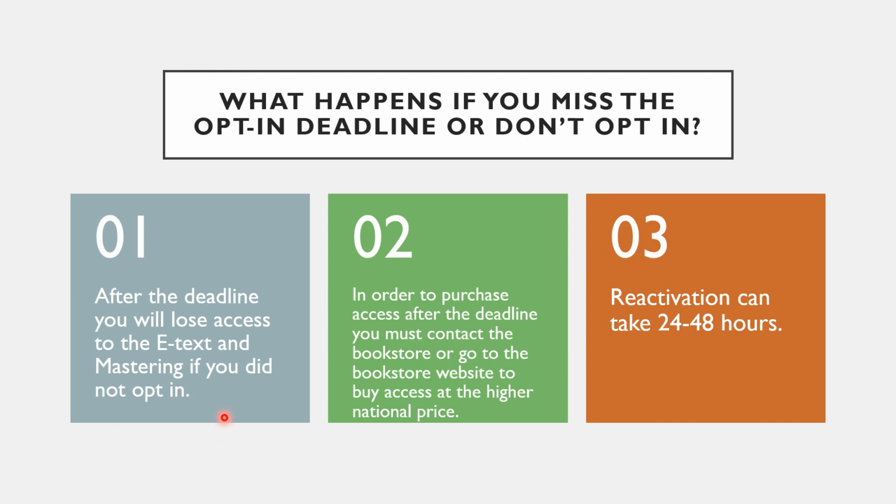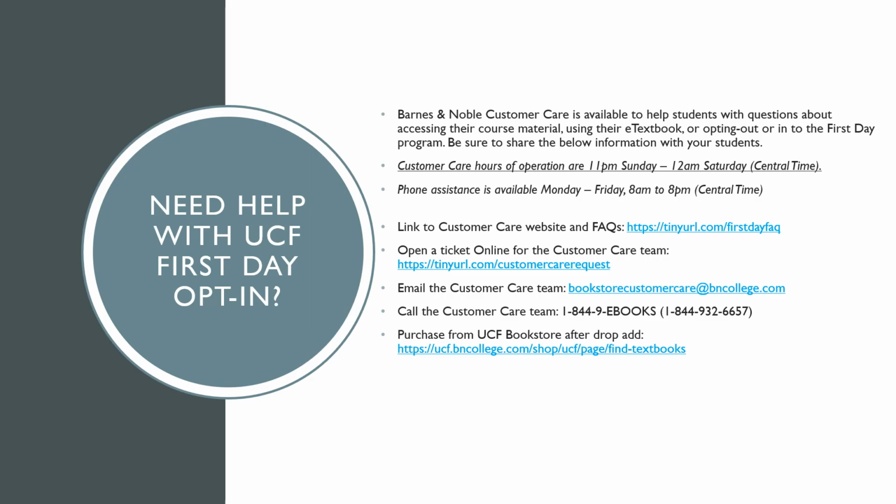In order to purchase, you must go to the UCF bookstore or the bookstore website, but just keep in mind you'll be paying the higher national price, which is 30% more. Also, it can take 24 to 48 hours to reactivate your account through the bookstore.